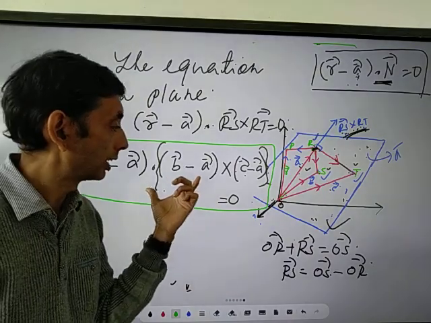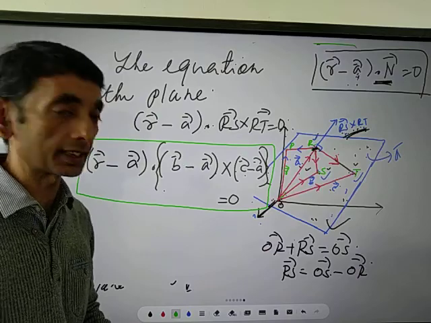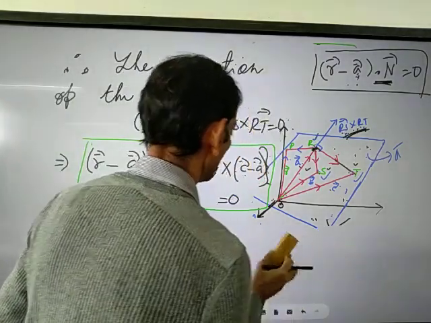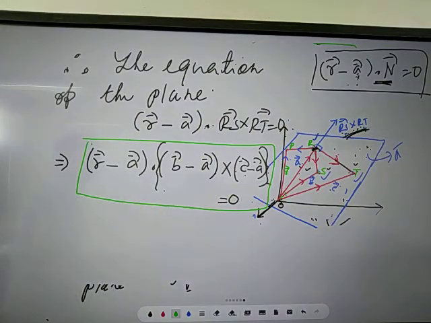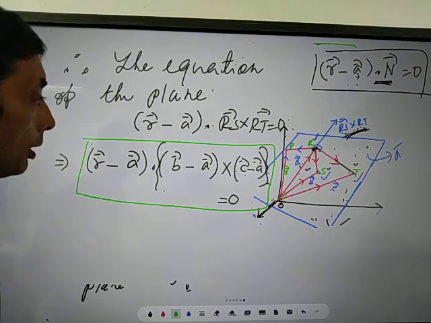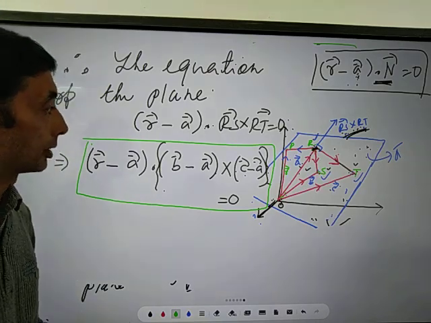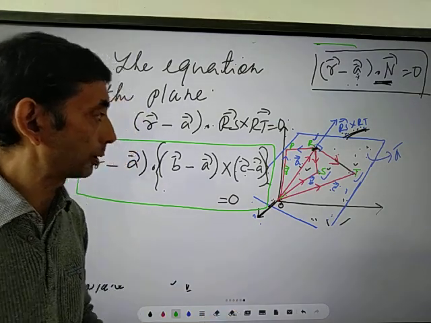This is already expressed as a scalar triple product, which is the vector form of the equation of the plane. Now, based on this, we are going to derive the Cartesian form of the equation of the plane.